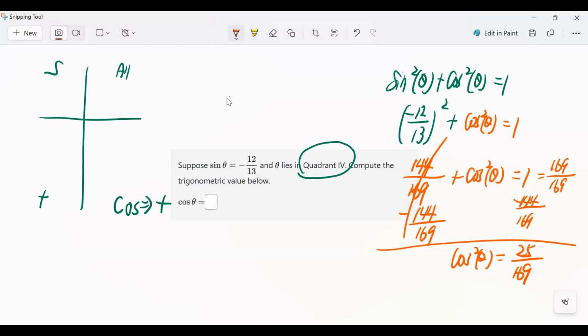Now we take the square root of both sides of the equation, but I only keep the positive answer here. Cosine theta is equal to the square root of 25, which is 5, over the square root of 169, which is 13. The answer is 5 over 13, positive. Any question about this?